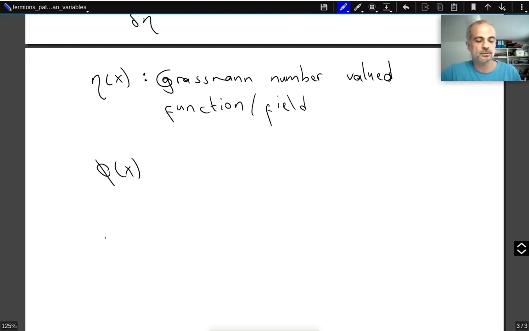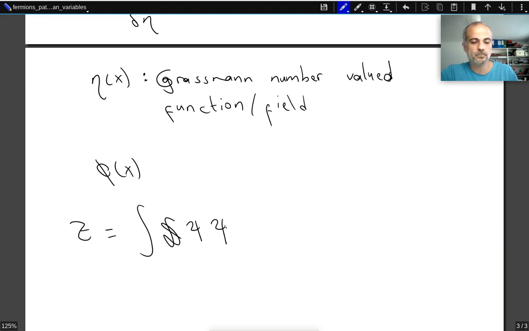And in fact, you can just identify the path integral. The path integral for the fermionic degrees of freedom, Z, will be the integral over the measure of psi and psi bar, which are essentially complex conjugates, of e to the power minus S, where these psi and psi bar are nothing but Grassmannian number valued functions.